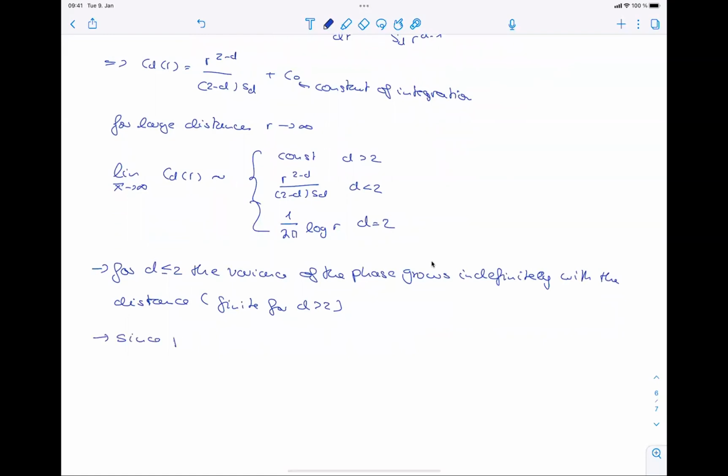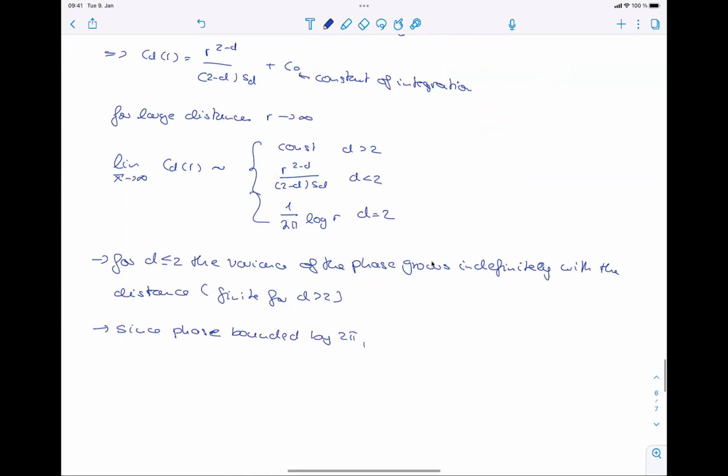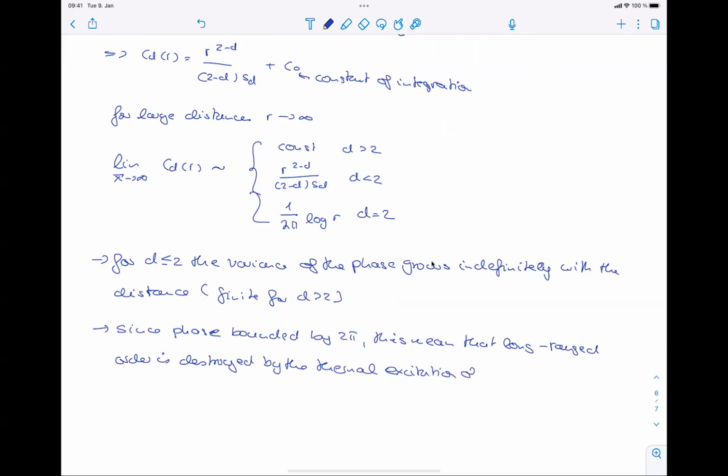Now, since this cannot be, because phase is bounded by 2 pi, this divergence means that order is lost. Long-ranged order is destroyed by the thermal excitation of the Goldstone modes.